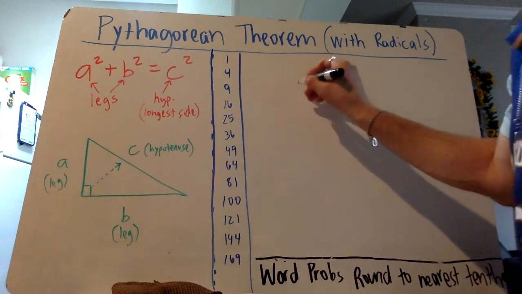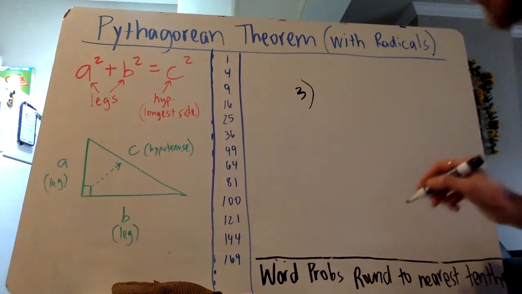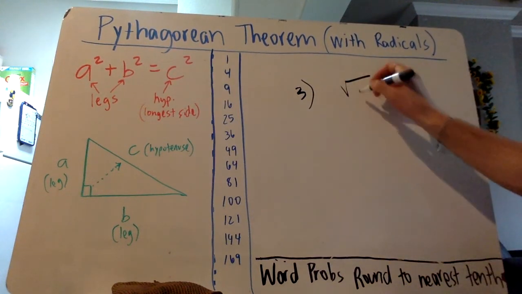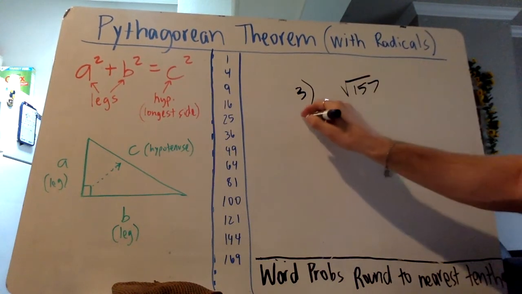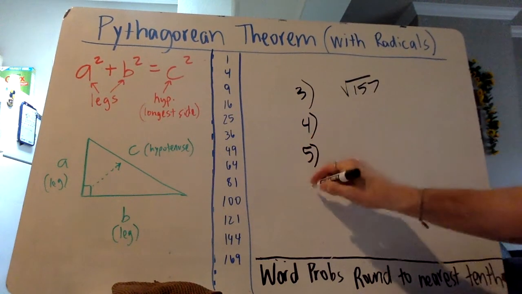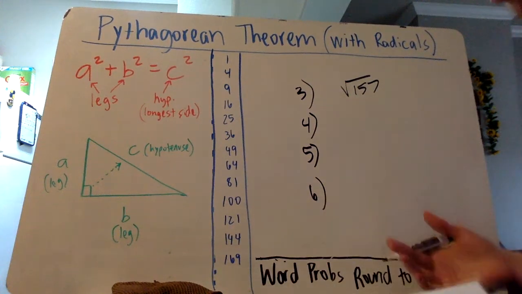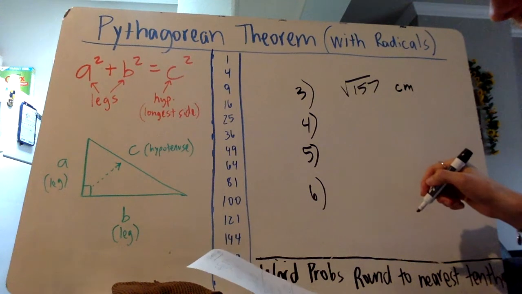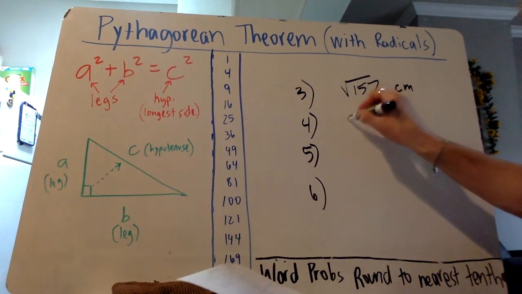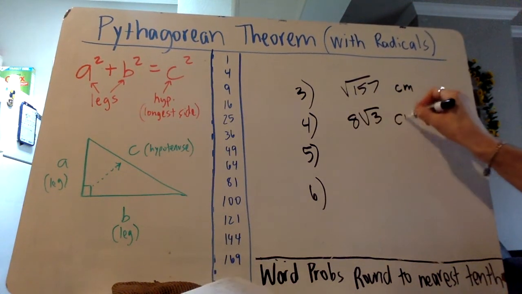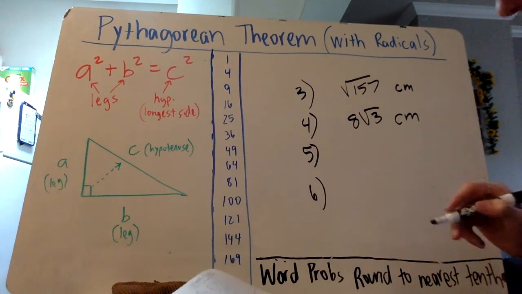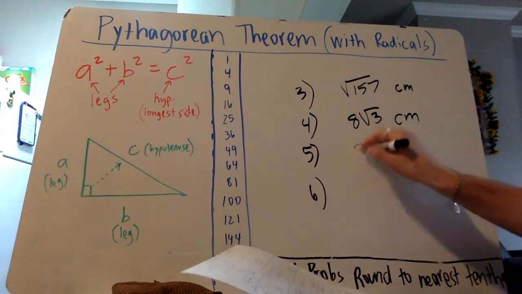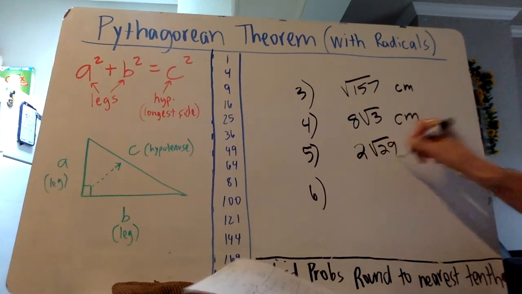Okay, so number 3, if you do that correctly, you should end up getting square root of 157. 4, 5, 6. And make sure you label your answers. So it's going to be centimeters. Number 4, you should end up getting 8 square root of 3 centimeters. Number 5, you should end up getting 2 square root of 29.